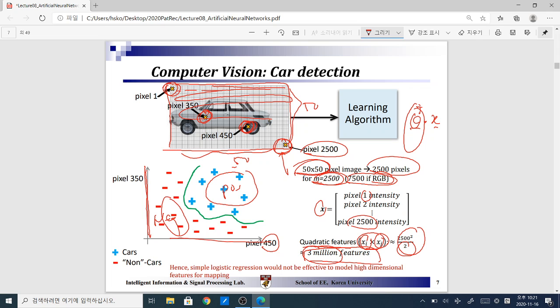What that really means is that a simple logistic regression type of learning algorithm will not be effective in modeling such a high dimensional feature mapping, and it's going to definitely introduce an overfitting problem because there are just too many parameters compared to the number of image snapshots, or samples.